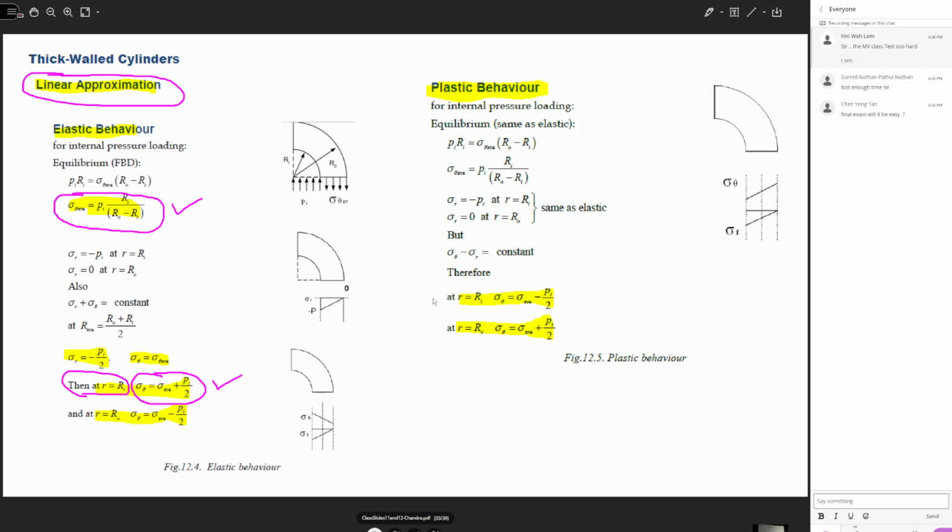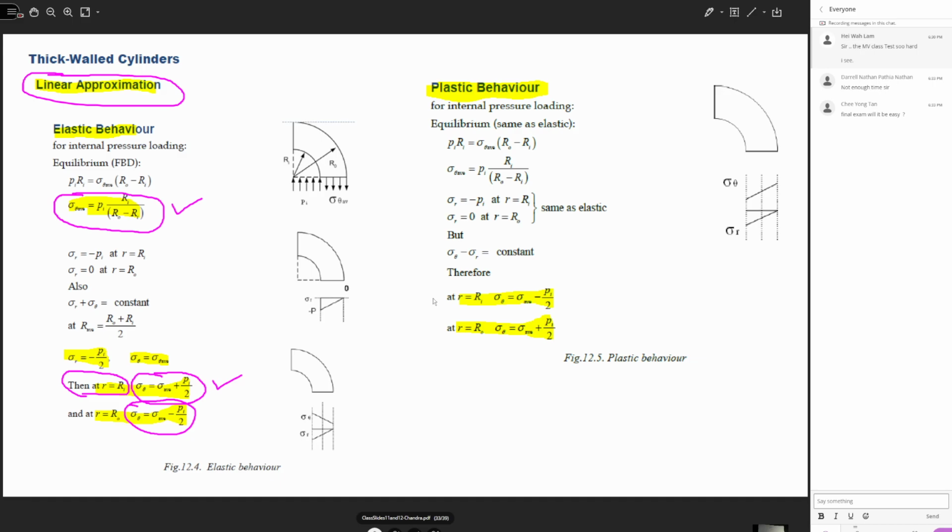Then the same thing at the outer radius: the average tangential stress sigma theta we can write as sigma average minus Pi, that is the inner pressure, over 2.